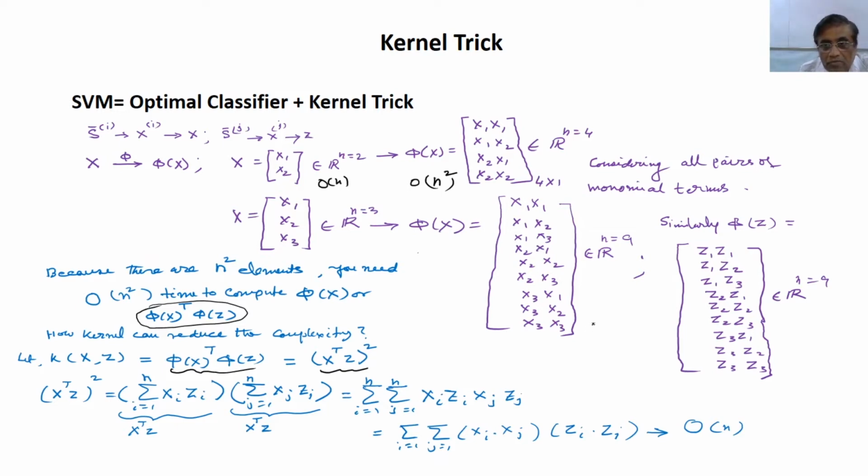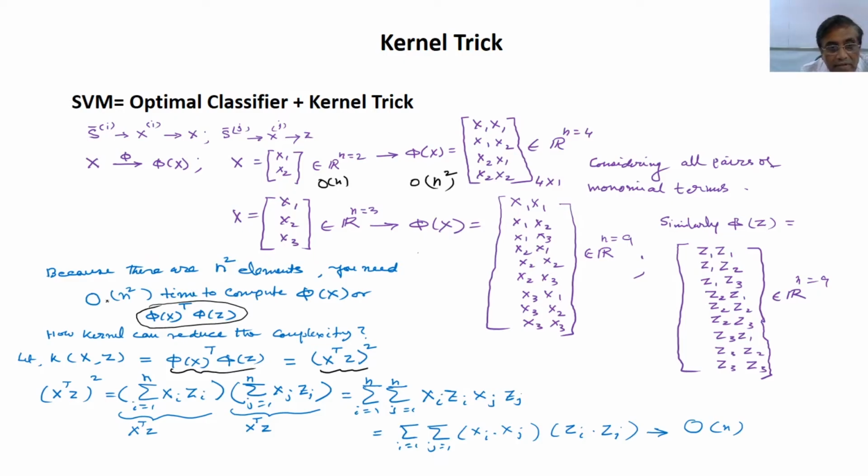So, this is 3 dimensional, and this is becoming 9 dimensional. Similarly, phi z will also belong to 9 dimensions. In general, because the feature space becomes n square, there are n square elements.